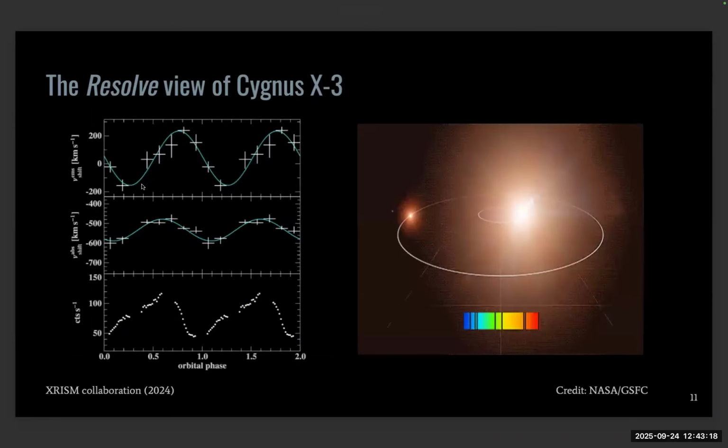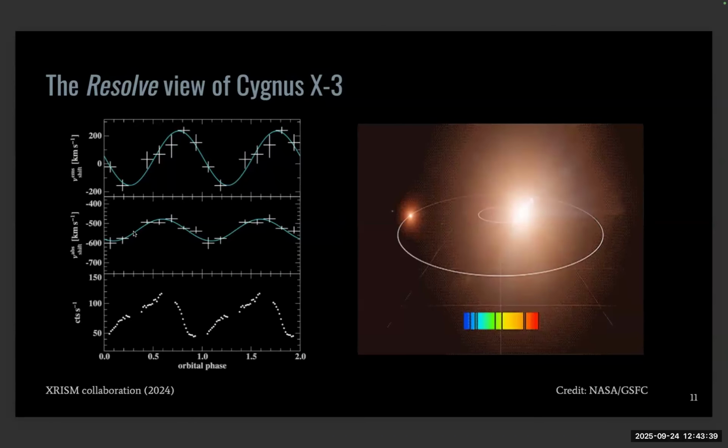So finally, with this, we're able to reconstruct orbital radial velocity curves that are shown here. And what's interesting to note is that we get very different radial velocity curves for the emission lines that we see compared to the absorption lines that we see.